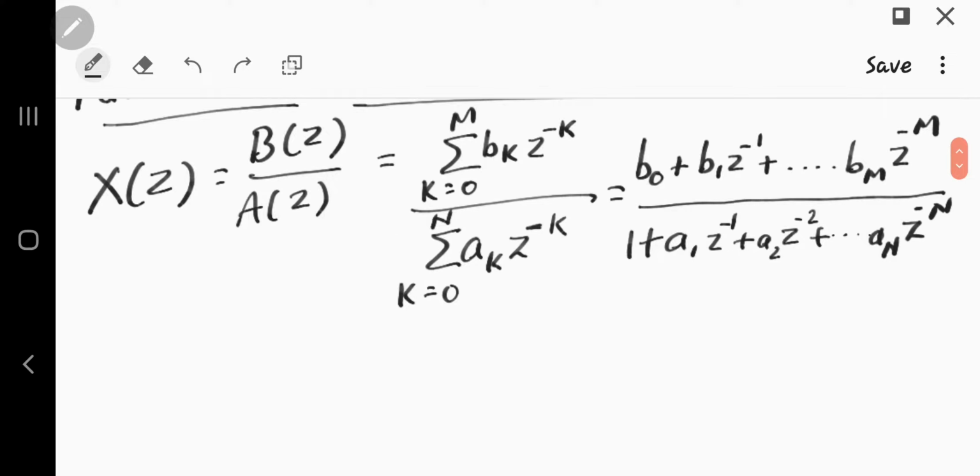So this is the expansion of this summation. If you observe this, the value of a naught is always equal to 1 here.